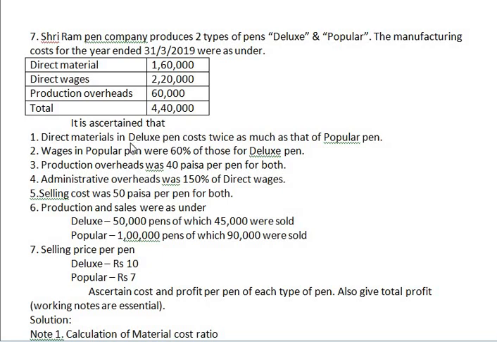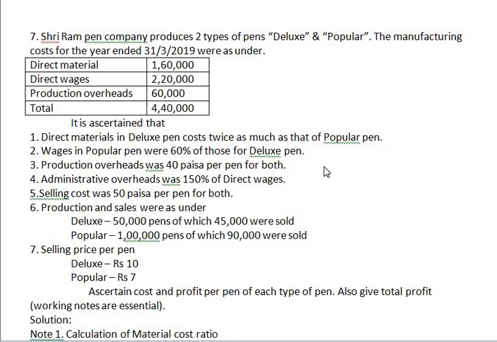Suppose the deluxe pen cost is rupees 10, then popular pen cost will be 5 rupees. That is a 2 to 1 ratio. Understanding? Now this is per pen cost.